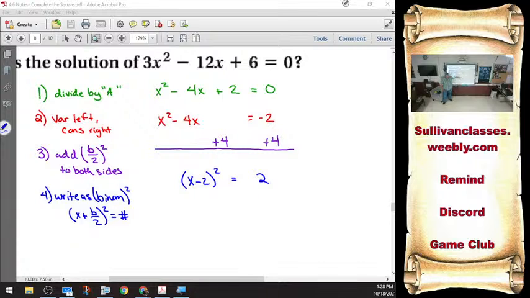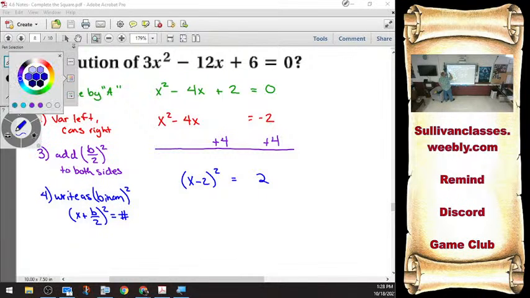This number is perfect because this number is both the square root of c and half of b. That's what makes it perfect. That's why we say it's always going to look like this, x plus b over 2 squared. Don't confuse the signs. B was negative. So when I say x plus b over 2, since b was negative 4, negative 4 over 2 is negative 2. Okay?